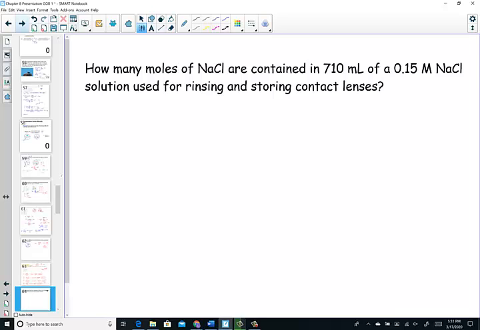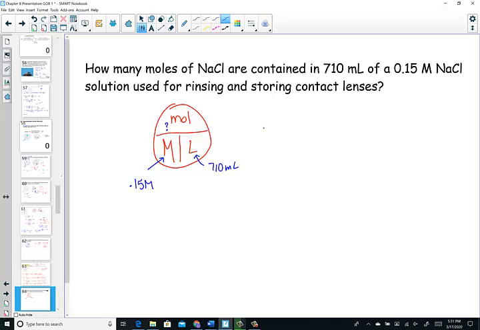How many moles of sodium chloride are contained in 710 milliliters of a 0.15 molar solution used for rinsing and storing contact lenses? Same formula, we just have a different target. This time, we'd like to know moles. That's our target. The volume is 710 milliliters, and the molarity is 0.15.